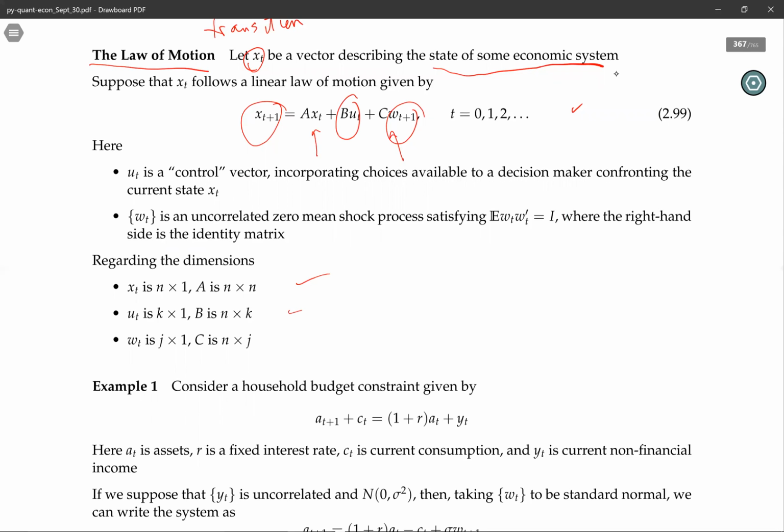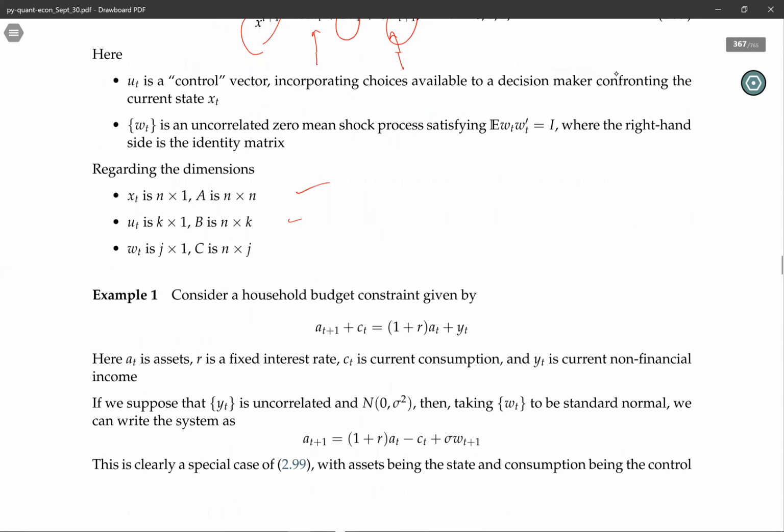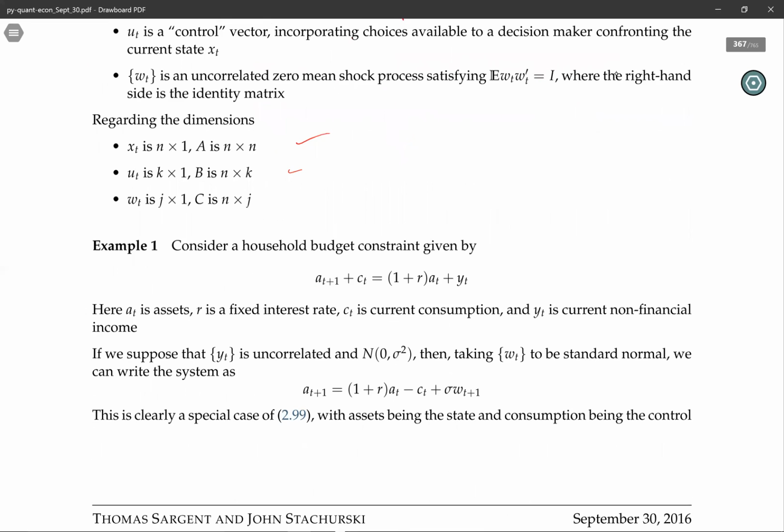Okay, so let's take an example. We're going to consider a household with a budget constraint that looks like this at each t. It comes into the period with some assets, At, and then it receives a risk-free interest rate of r. That's a net interest rate.